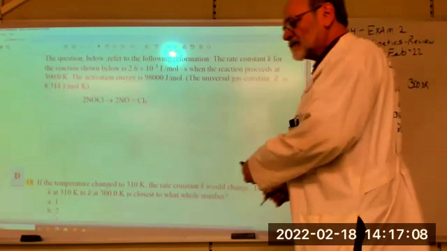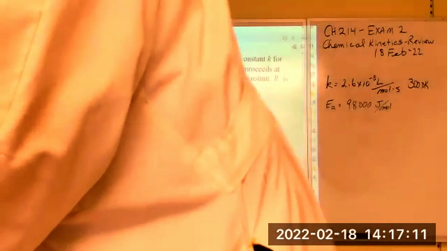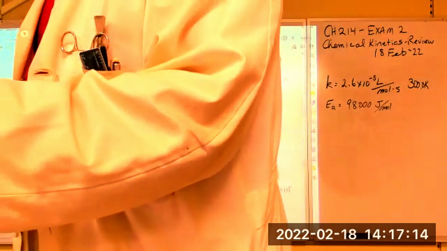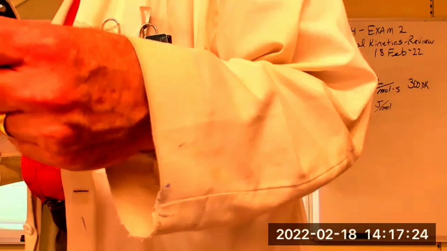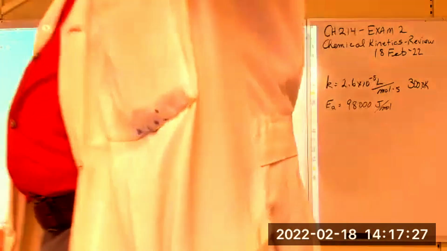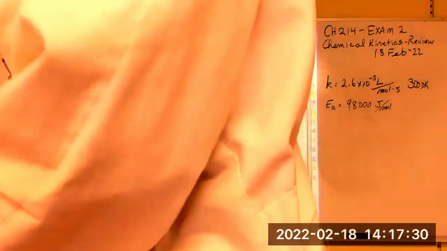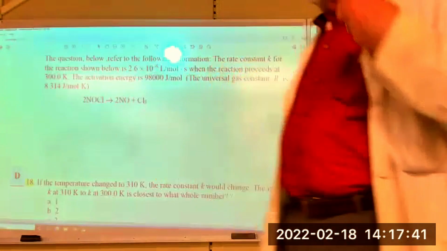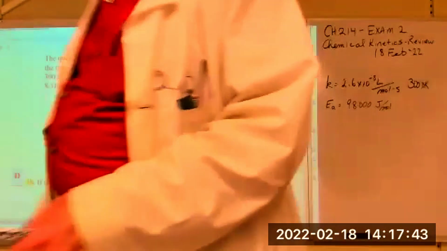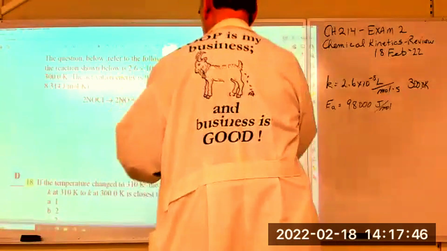Okay. So you need to look in the useful information and find the modified, I'm searching for the right word. What's the guy's name? Arrhenius. The integrated Arrhenius equation. And it will be this one.